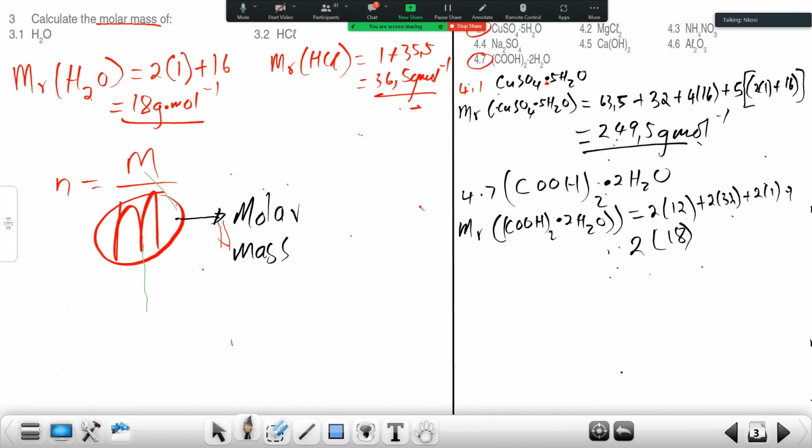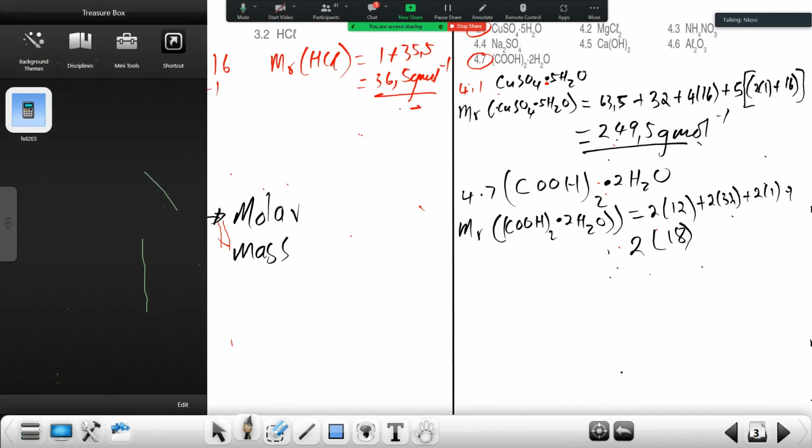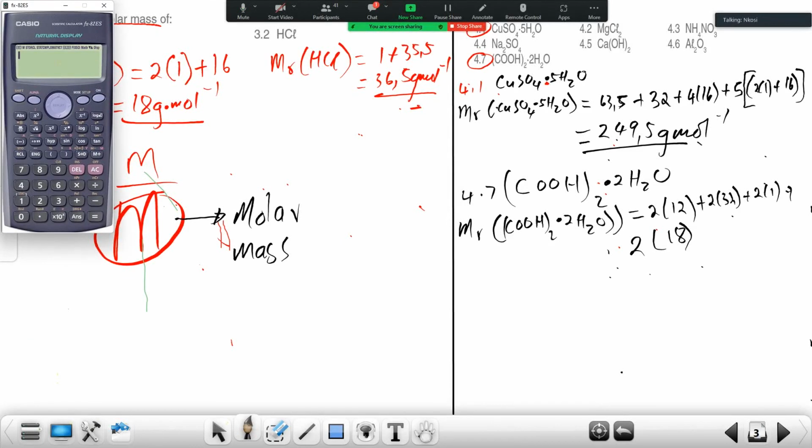I don't want to waste time and calculate for each one of them. But what now do I need? I also need my calculator again. So what do I have? I have now 2 multiplied by 12 plus 2 into 32 plus now 2 multiplied by 1 plus 2 multiply by 18.